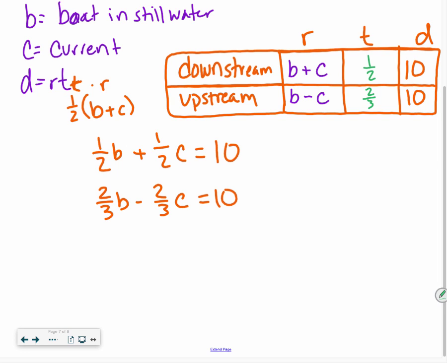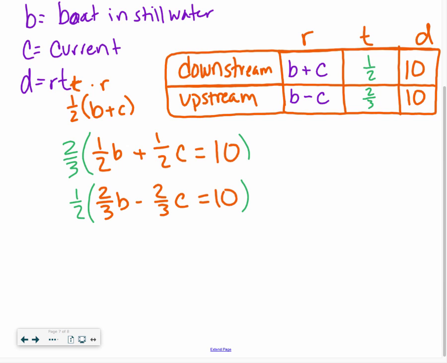Now, just like before, we've been practicing today, we have 4 different variables, or coefficients. So what we need to do is get some similar coefficients by multiplying the equations. So in order to get a common coefficient, I'm going to multiply the top by 2/3. I'm going to multiply the bottom equation by 1/2.